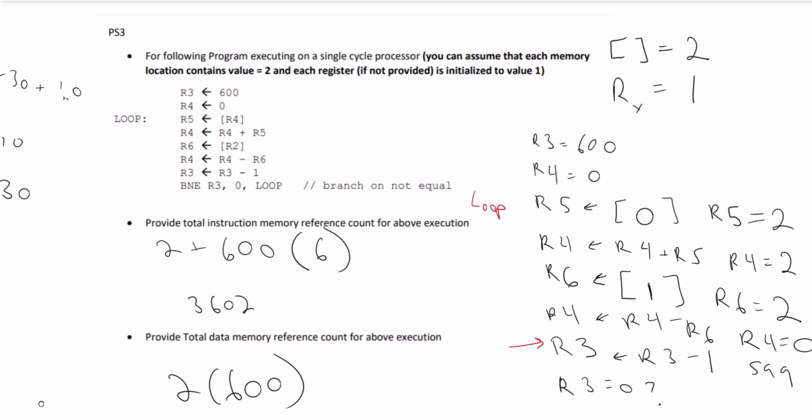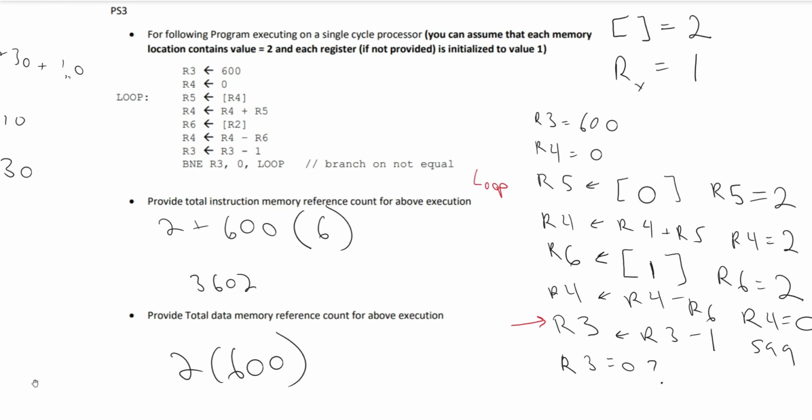Provide the total number of cycles for above execution. Oh, it's the same thing. 3602, right? Because one cycle is per line, right?